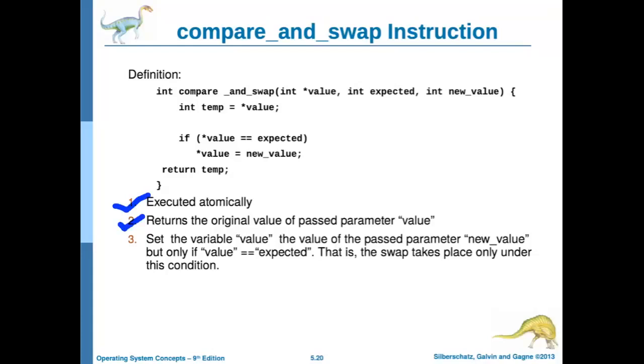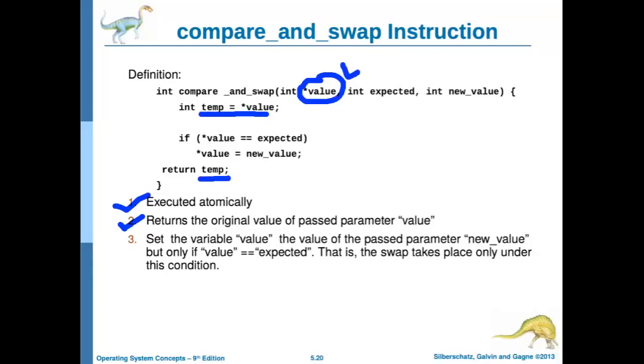Okay, so here you imagine this value is your lock variable. This is L, the lock variable. So we read the value of the lock variable into a temporary variable, and that is returned back, right? That means it returns the original value of the passed parameter value. Now set the variable value.